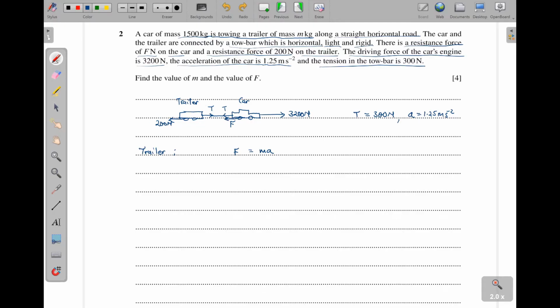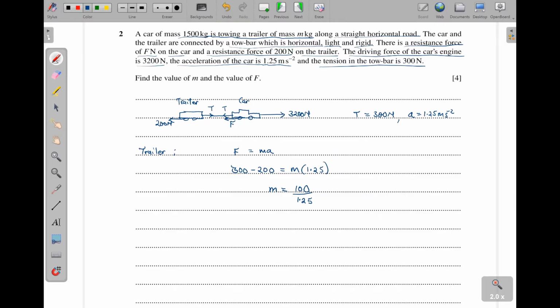The tension is already given as 300, minus 200, which will equal the mass of the trailer, m, times a, which is 1.25. So m can be equal to 300 minus 200, that is 100, then we divide by 1.25.